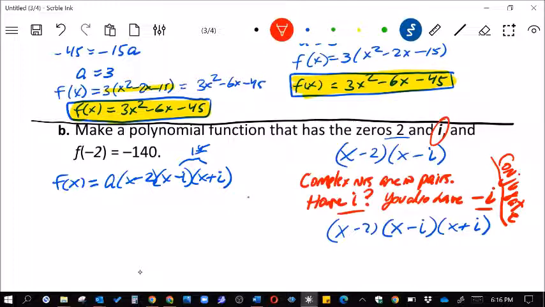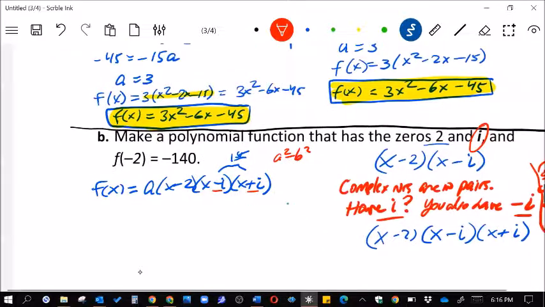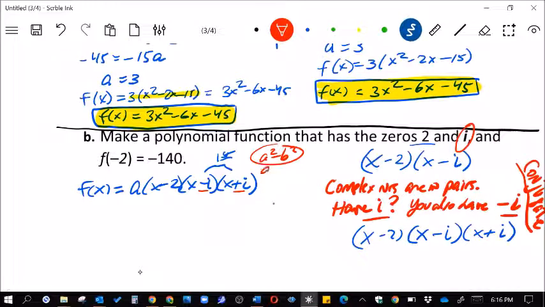And the reason for that is because when you have 1 minus and 1 negative, I have an a squared minus b squared system, a difference of two squares, which means if I have a minus b and a plus b, then when I multiply it, the middle terms go away.